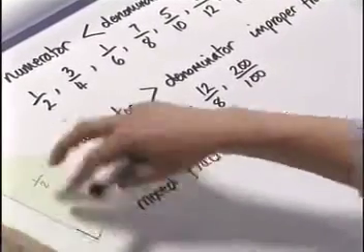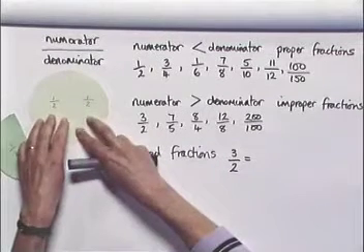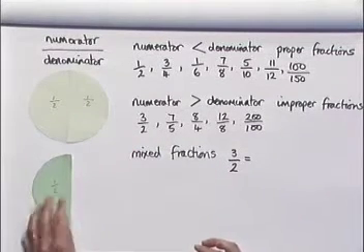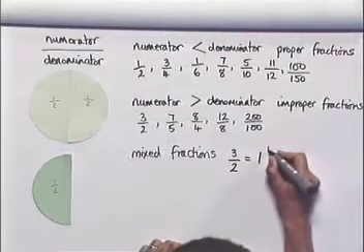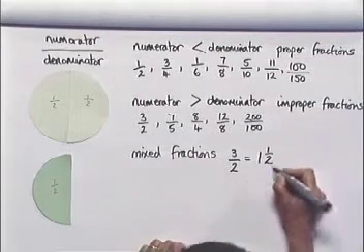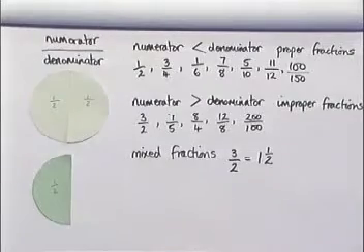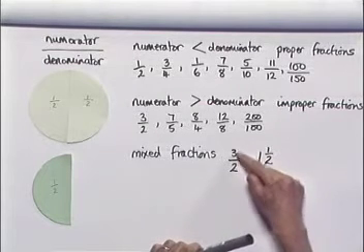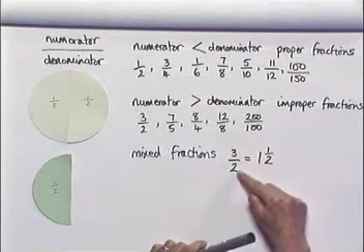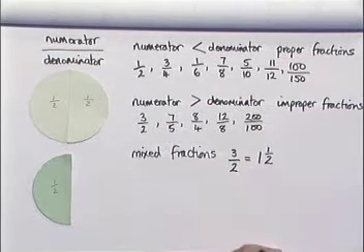What we can do is put 2 halves together to make the whole one, and we've got 1/2 left over, so that can be written as 1 1/2. So they're exactly the same, but written in a different form. One is a mixed fraction, and one is a top-heavy fraction, an improper fraction, where the numerator is larger than the denominator.